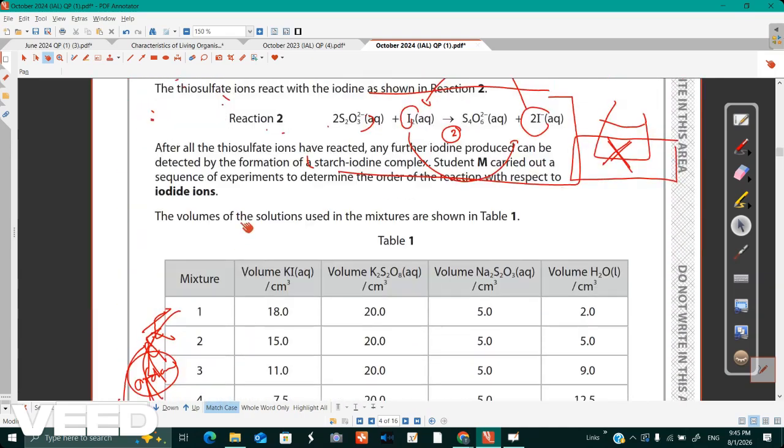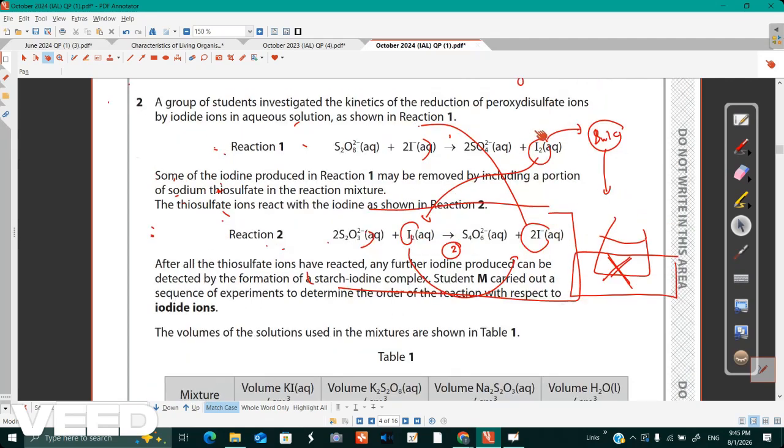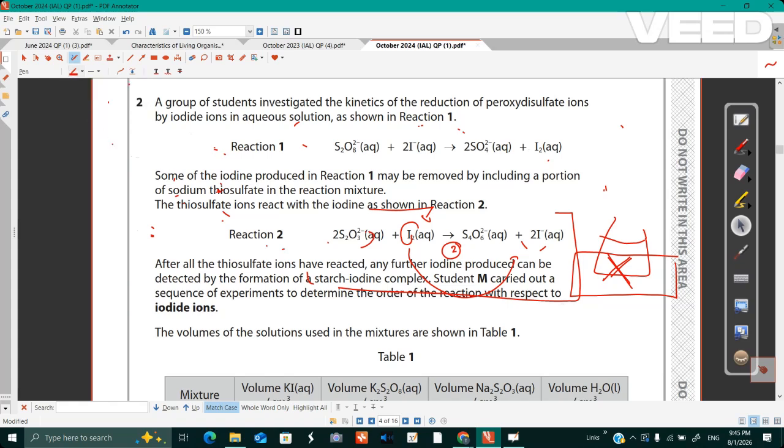Now remember the first reaction: when the color appears, the concentration of I minus is not coming to zero. Keep that in mind. The moment the blue color appears, we stop the reaction. So by the time the blue color appears, the concentration of I minus is not zero; it may only change a little bit.